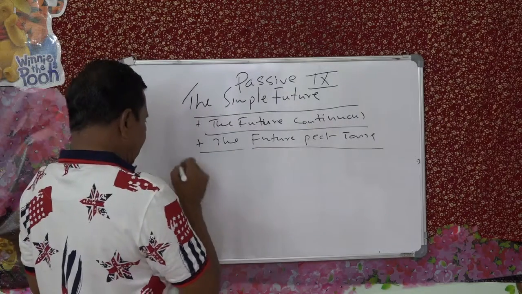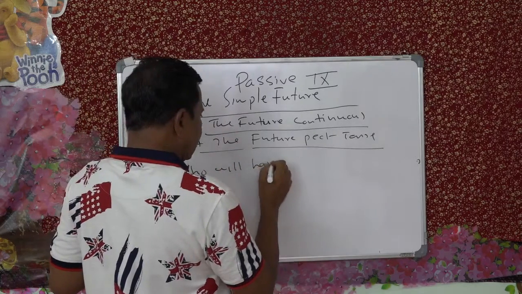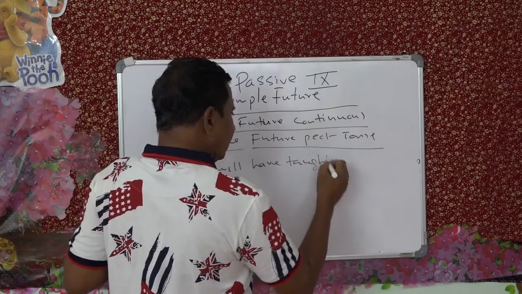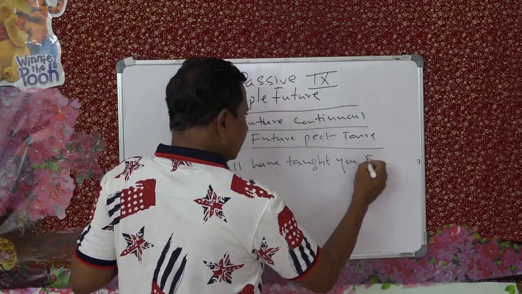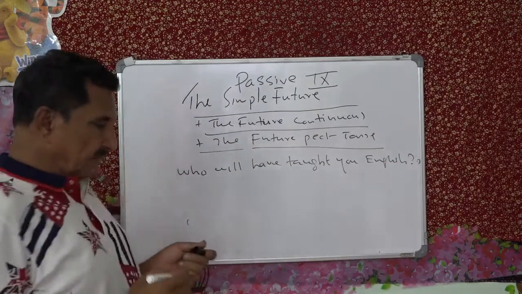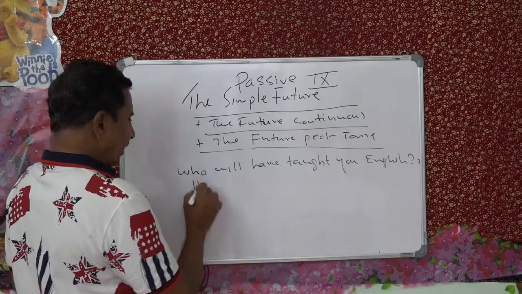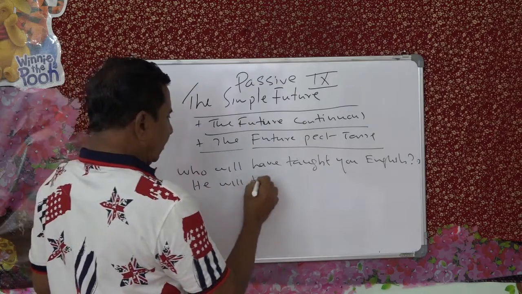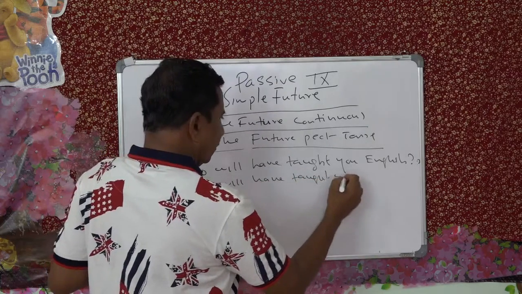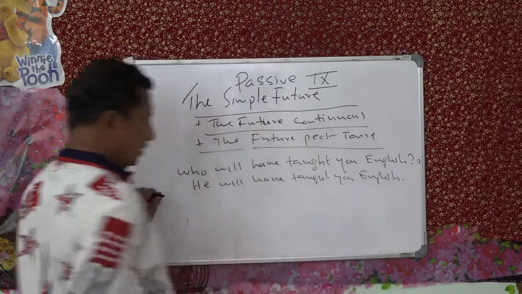What will or who will have taught you? Who will have taught you English? So that's a good example for double objects. Then the statement will be he will have taught you English.